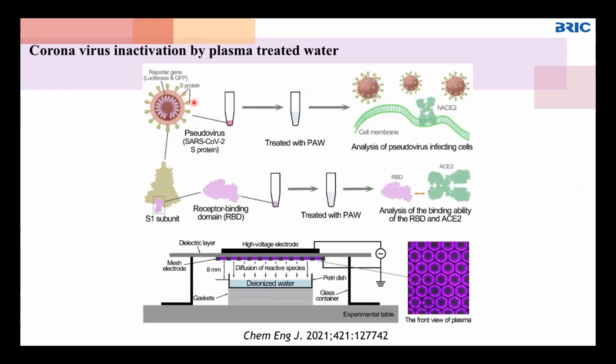Can we damage this receptor binding domain by plasma or plasma treated water? For this purpose, we prepared plasma treated water. We used this micro DBD plasma. We generated plasma on top of this water, and many species generated are solubilized in this water.